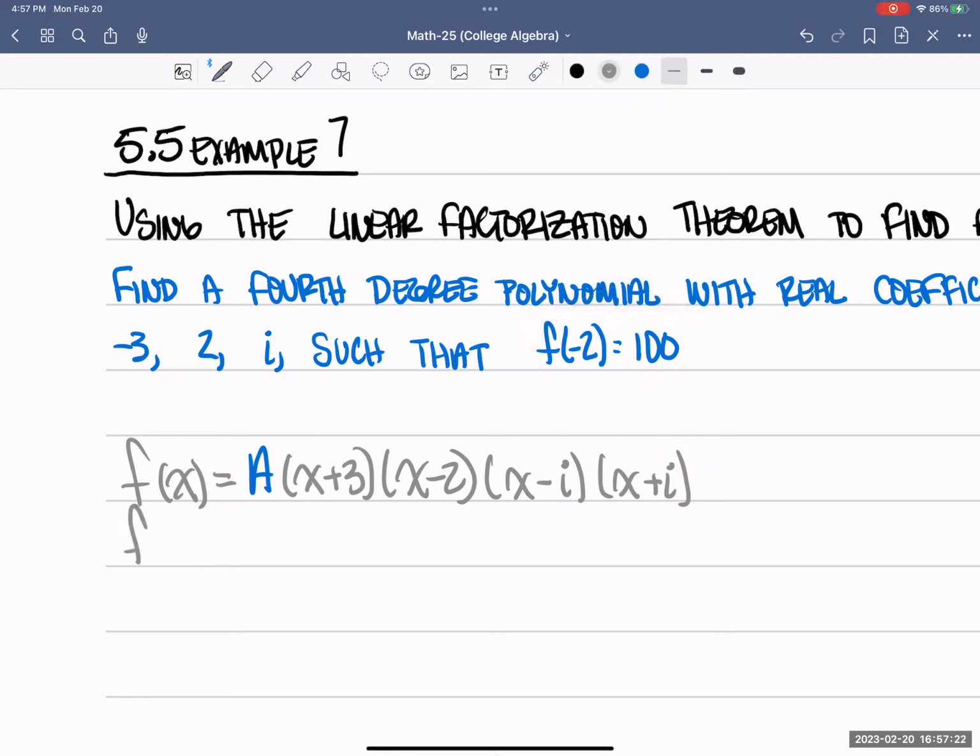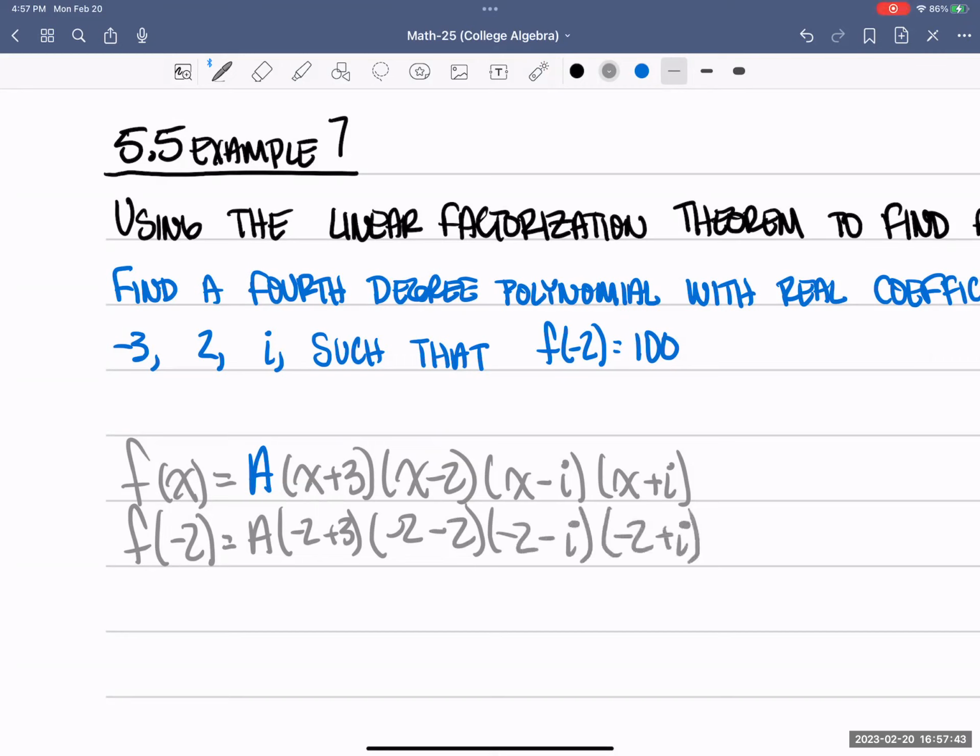So we have f of -2. Everywhere we see an x, we're going to plug in a -2. Plus 3, -2 minus 2, -2 minus i, -2 plus i. And this is all going to equal 100. We're going to force it to equal 100 by having this A here.